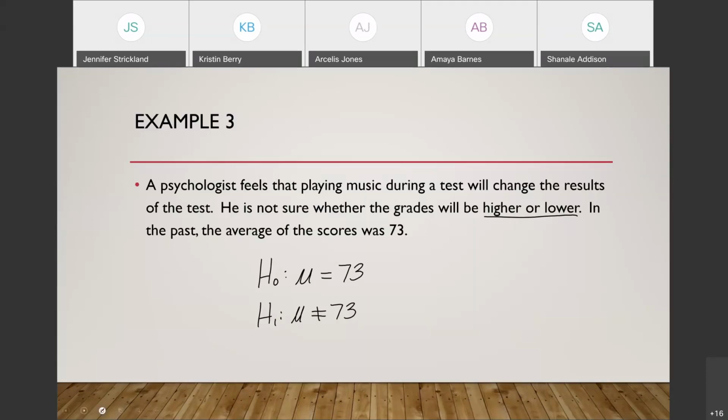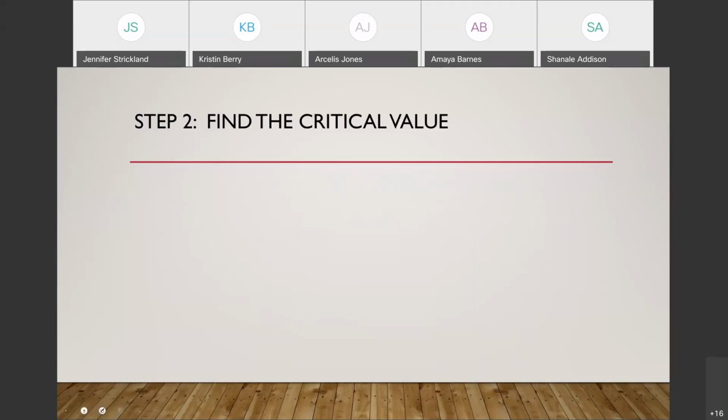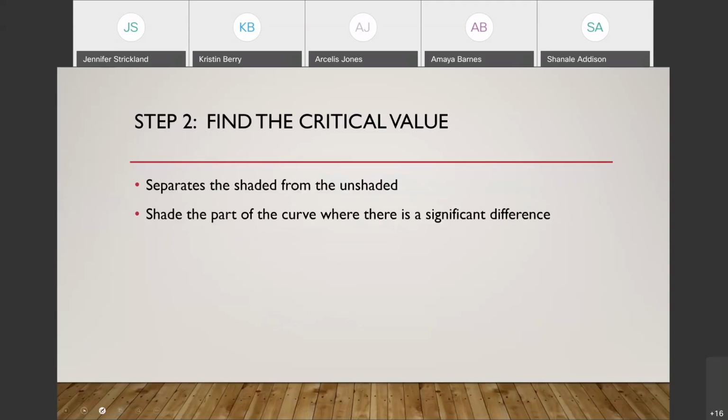All right, so let's look at step two. Like I said, we're coming back to these three examples, and we're going to add step two to them. Step two is finding what we call a critical value. I'm going to give you just a couple of things real quick, and we'll come back and add a little bit more in a minute. For each of these problems, we're going to end up drawing one of those curves that we looked at in the last chapter, the standard normal distribution curve.